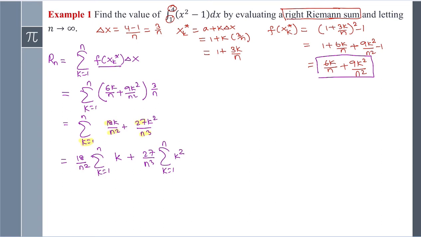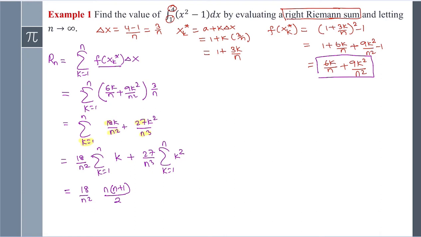So the first one is the sum of the first n natural numbers. We have looked at the formula for that summation, and I'm just going to write it here so you can go back and refer to those formulas. The formula for this one is n times n plus 1 over 2. That gives the sum of the first n natural numbers.